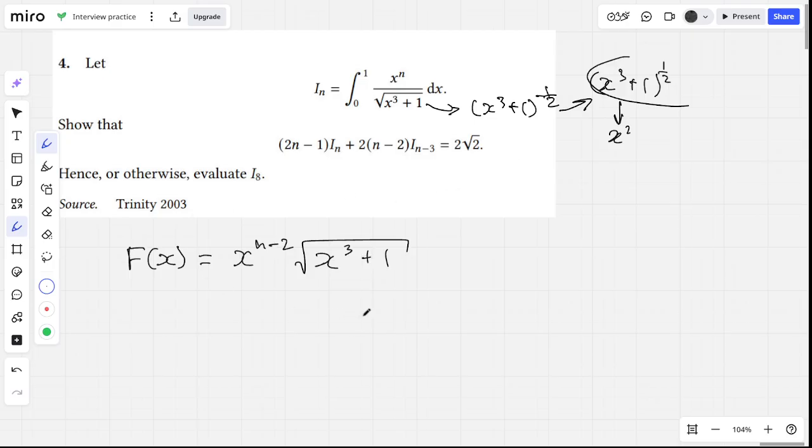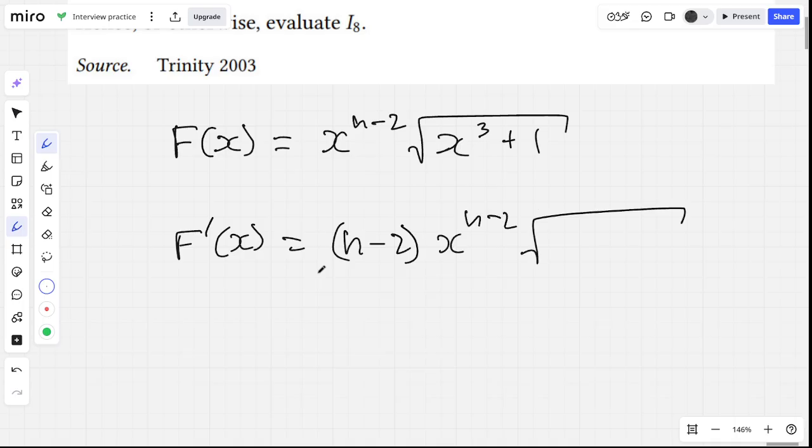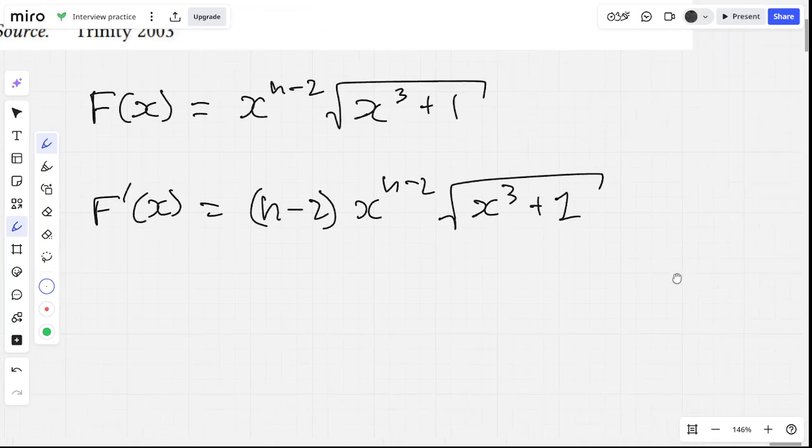So this is my guess function, and I'm going to differentiate it. When I do differentiate it, I'm going to use the power rule. Something very interesting is going to happen. n minus 2, x to the n minus 2. This might be a bit tedious. I need to be careful not to make silly mistakes.